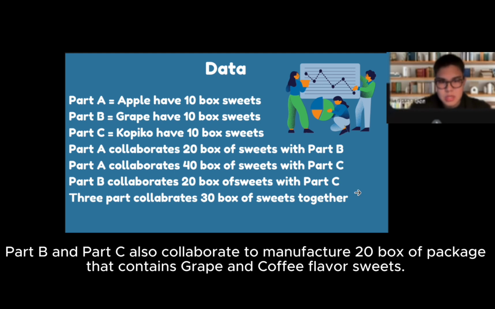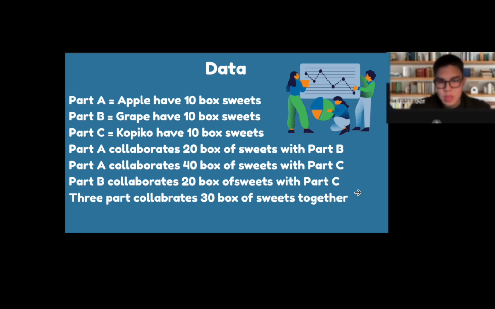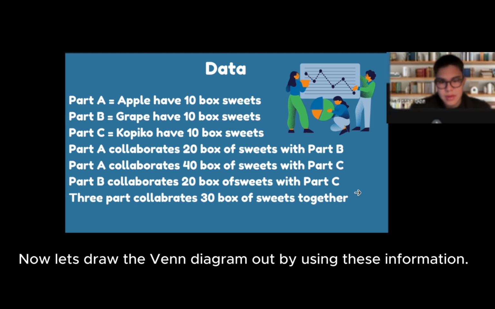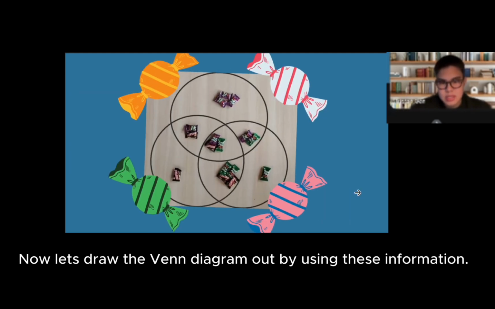Part B and Part C also collaborate to manufacture 20 boxes of package that contains grape and coffee flavor sweets. These three parts also collaborate with each other in manufacturing 30 packets of sweets that contain apple, grape and coffee flavor. Now, let's draw the Venn diagram by using this information.